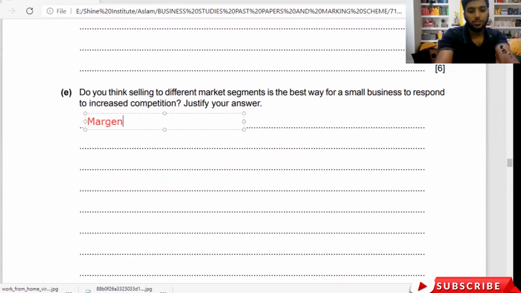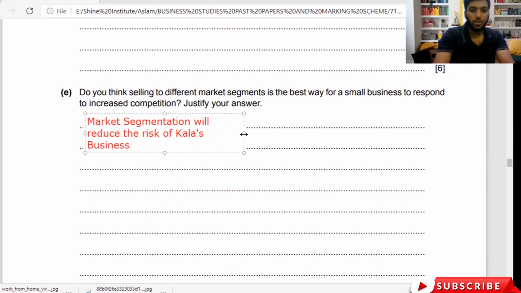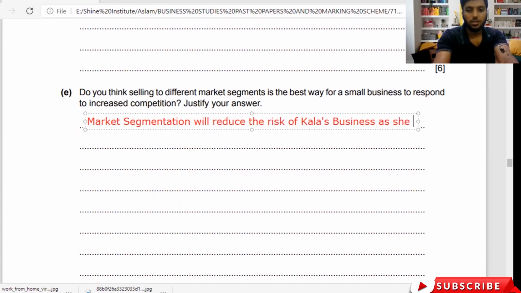Market segmentation will reduce the risk of Kala's business as she is not focusing on one particular area when selling the product.